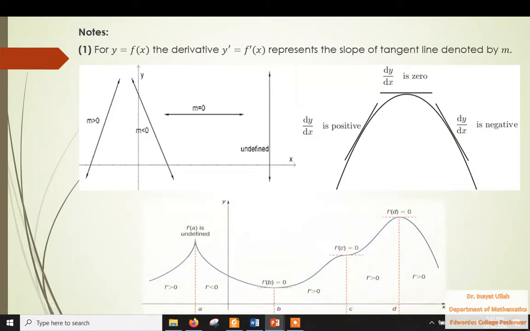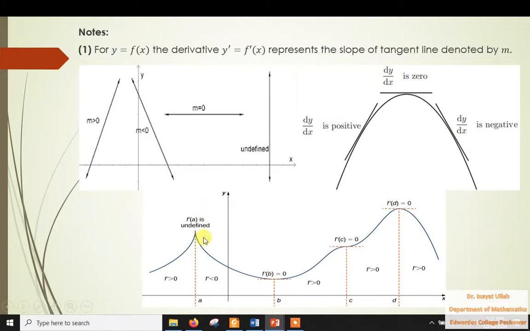Anyways, in the third figure, we see here that this is a whole graph of a function. So we are searching those points at which you draw a tangent, so that tangent is parallel to the x-axis.